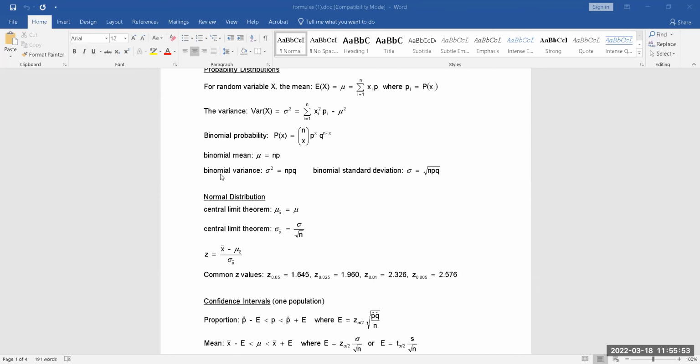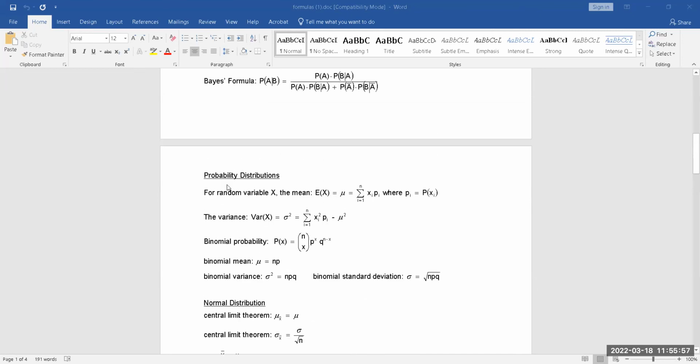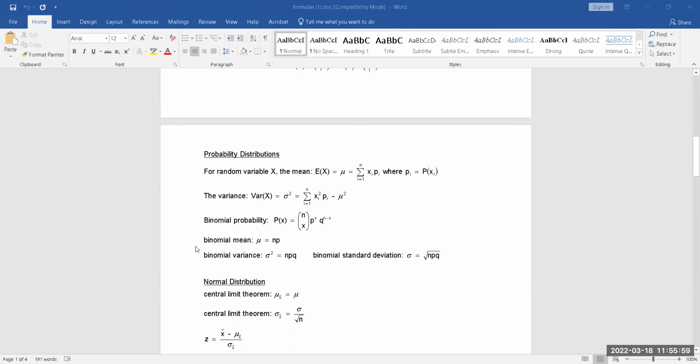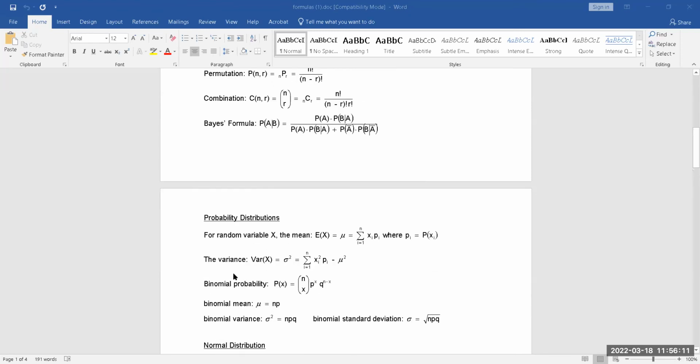Everything after that is stuff that's going to be on future tests. Everybody got that? So don't go past where you see binomial. Mean, np. Variance, npq. Standard deviation, the square root of variance. We know that. We've been doing that today, and you guys have been just nailing that thing. The thing that says Bayes formula, ignore that. Again, we're not covering that in this class.